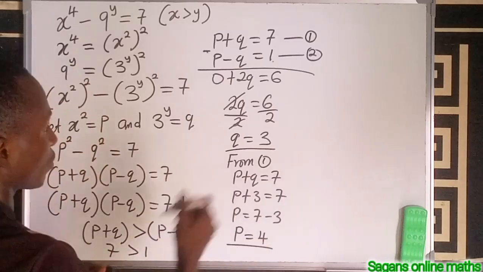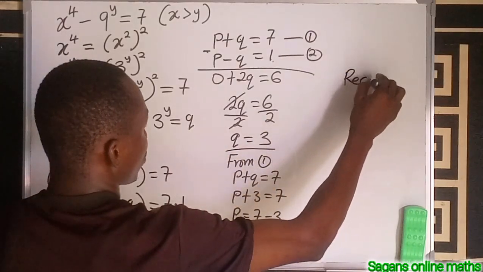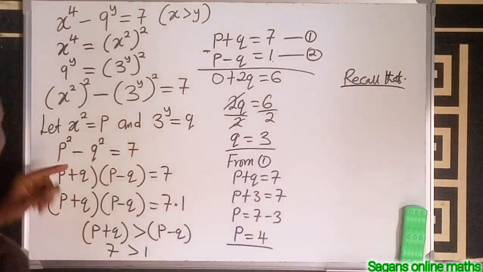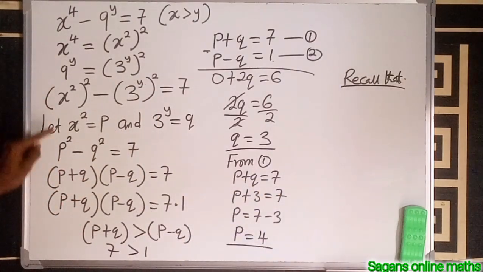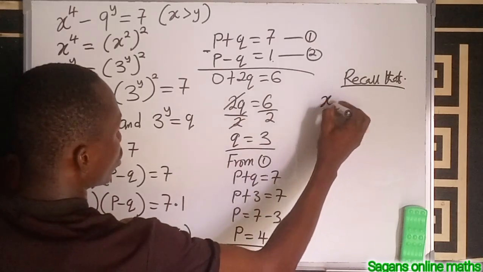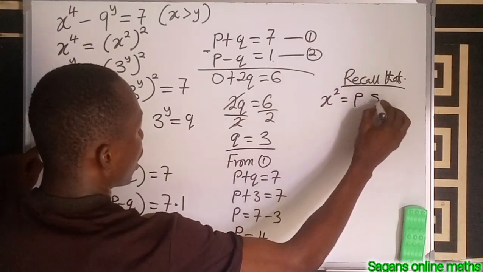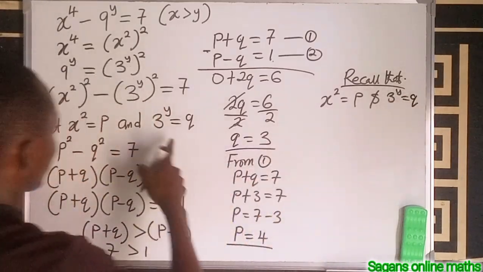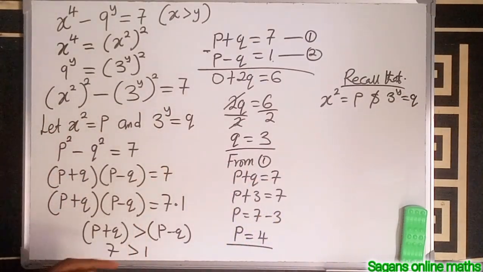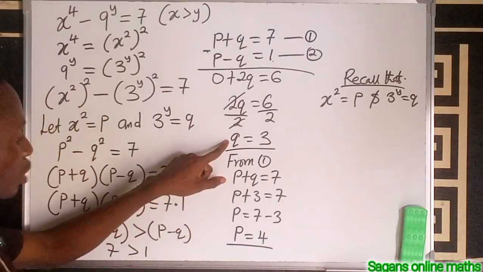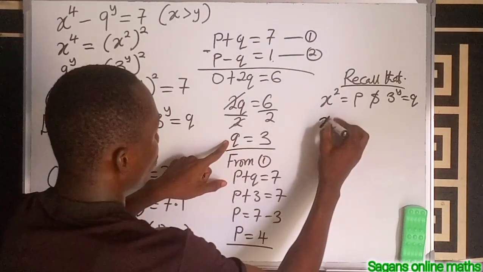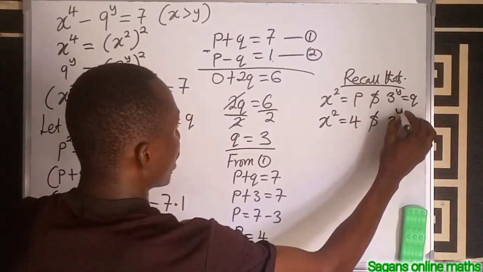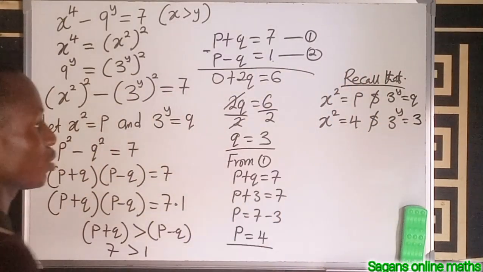Let's recall that from here, we said let x to the power of 2 equal P, and 3 to the power of y equal Q. Since our P is 4 and our Q is 3, it means that x to the power of 2 is equal to 4, and 3 to the power of y is equal to 3, because our Q is 3.